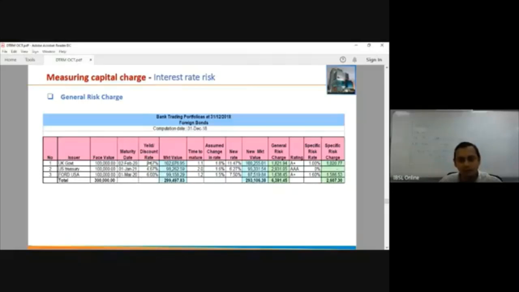So you need to get the yield rate available on the date of computation. Again, the date is 31st December. So you need to get what is the applicable yield rate on 31st December and apply here. So you compute the market value, but of course you can't compute the market value as I said in the example here. And if you are using Excel, there is a formula, right?